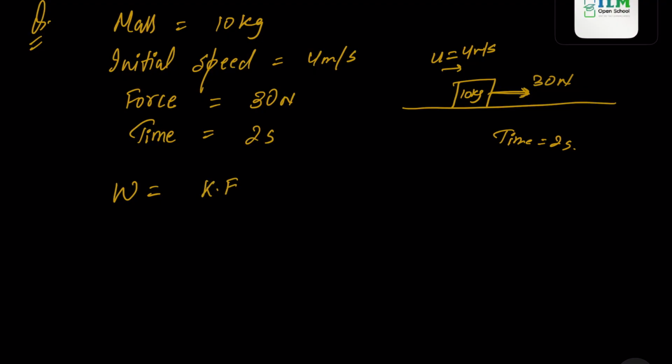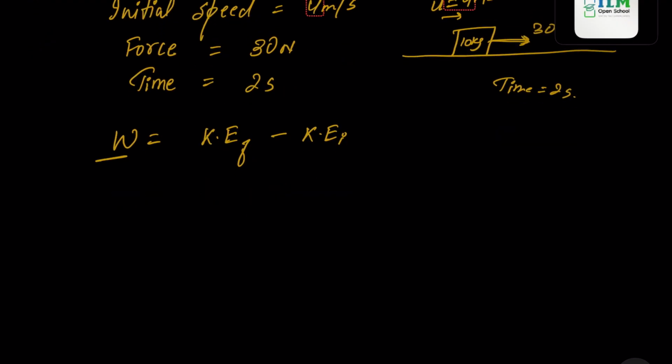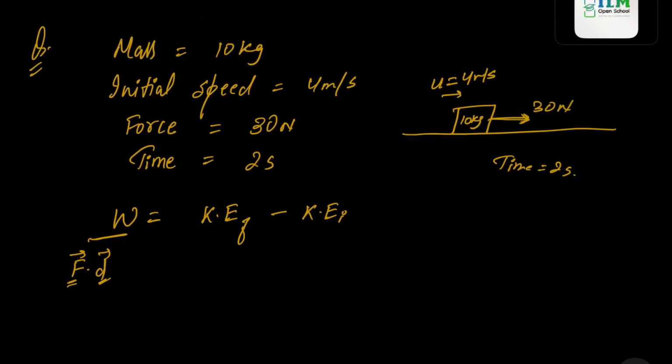Work is equal to the change in kinetic energy, KE final minus KE initial. First of all, we will find work. What is work? F into D, force in the direction of displacement, and displacement. In the question we don't have displacement, so we have to find it.